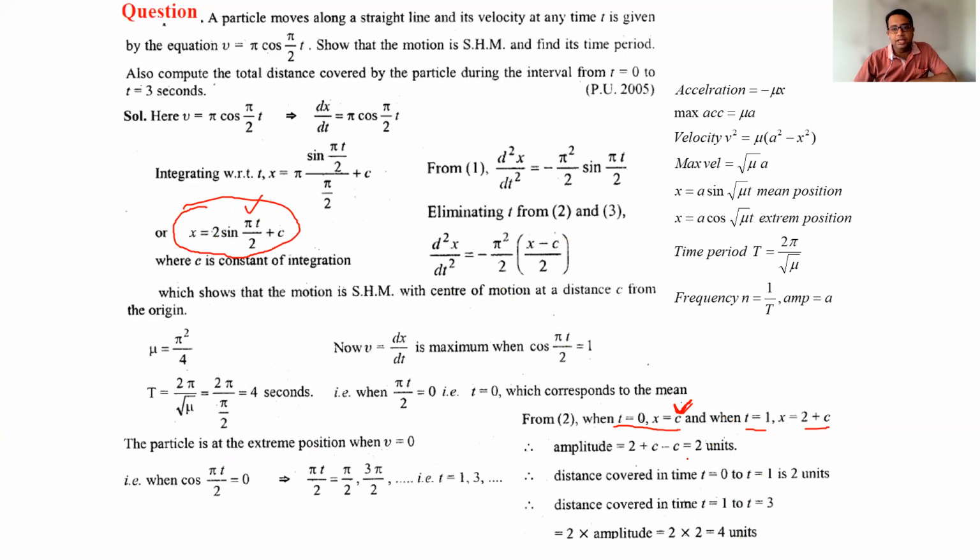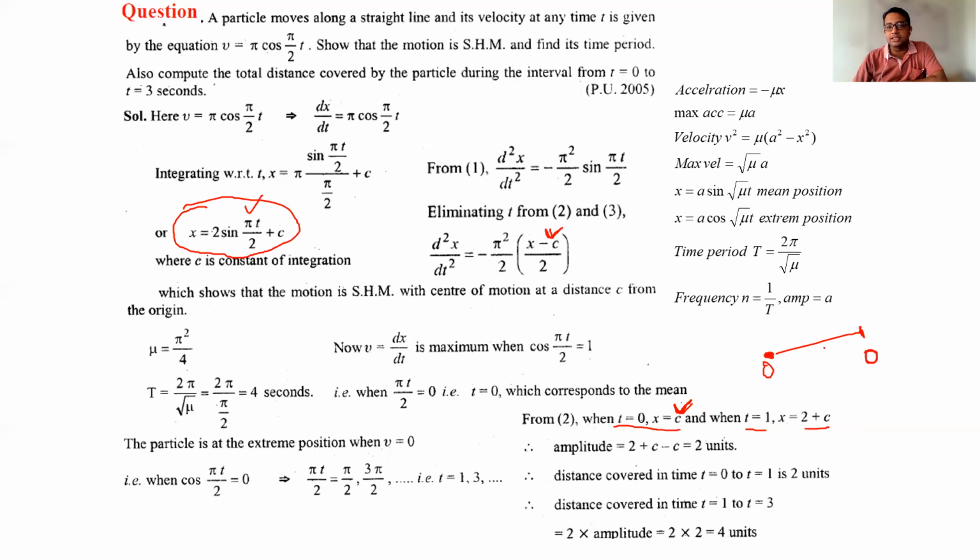So the amplitude of the motion is... the problem is because of this x minus c, because the origin is somewhere else, but the mean position of the motion is somewhere else. So when t is equal to 0, then x is equal to c.